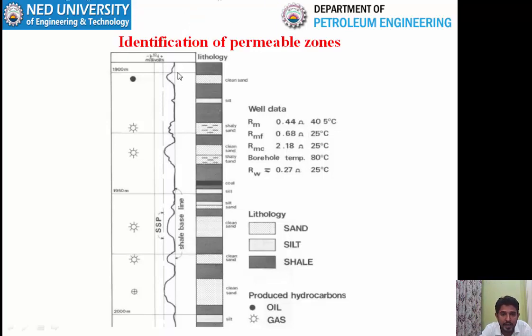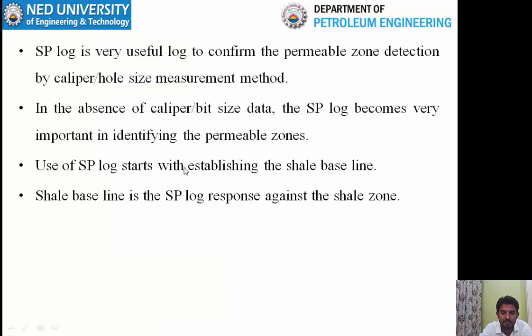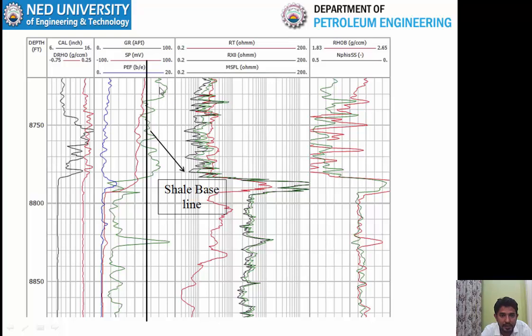So we connect the responses against the shale zone and draw a line, that is the shale baseline, and we have done the similar thing over here, against the maximum gamma ray value and overlapping of the resistivity log, we have drawn a line, that is the shale baseline.